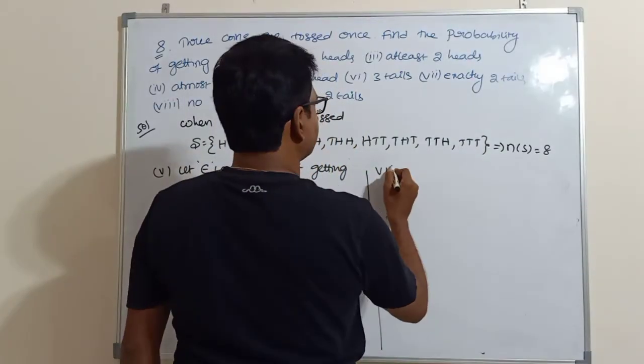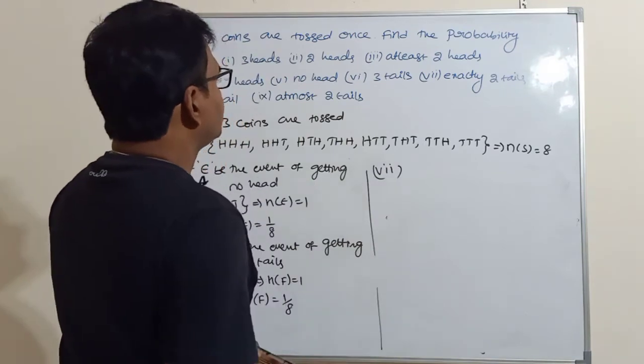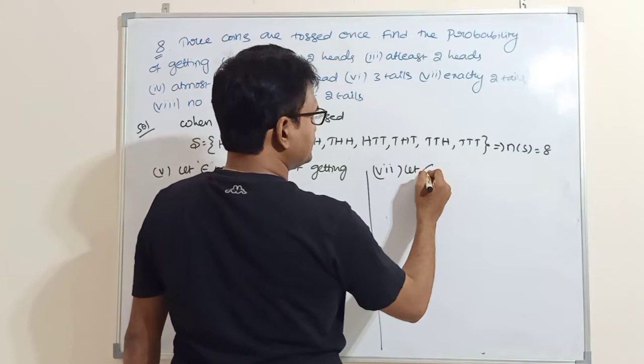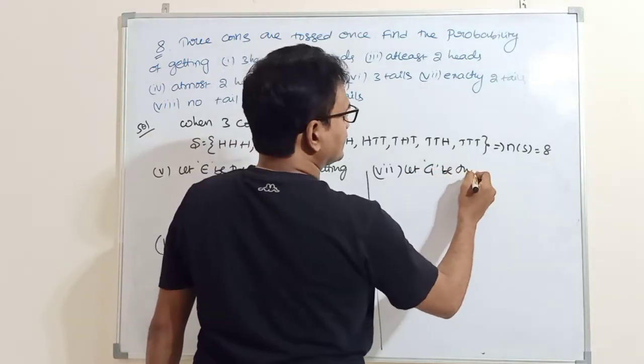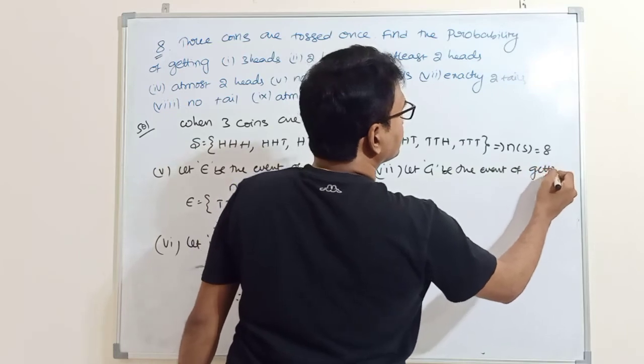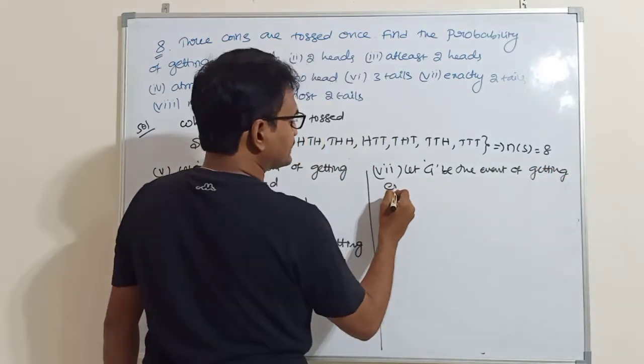Seventh question is exactly 2 tails. Let G be the event of getting exactly 2 tails.